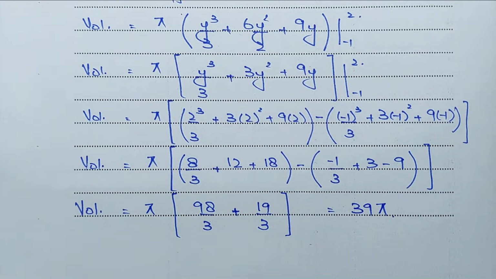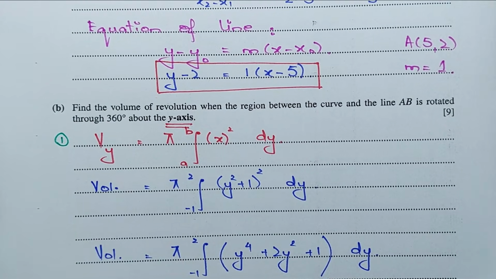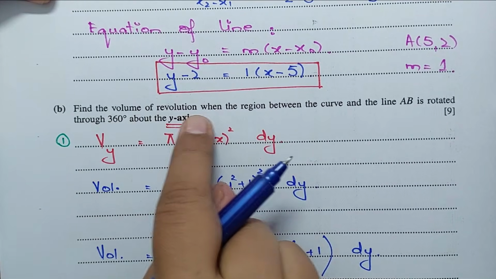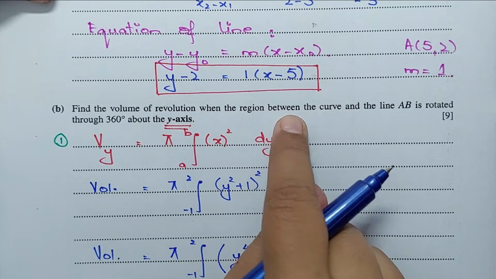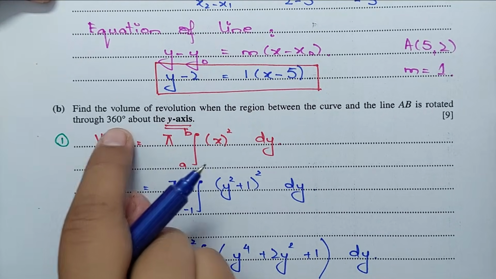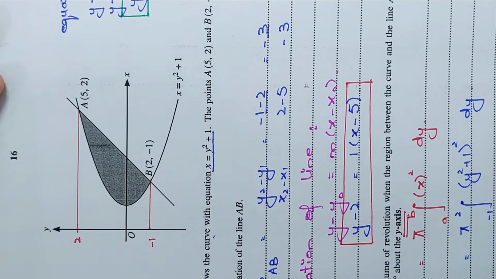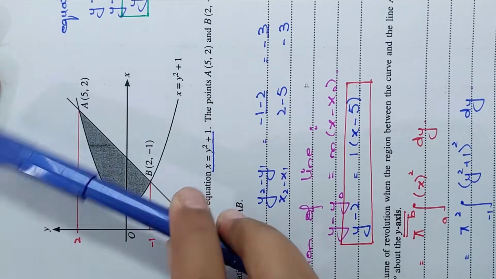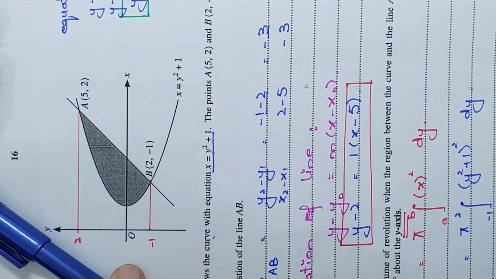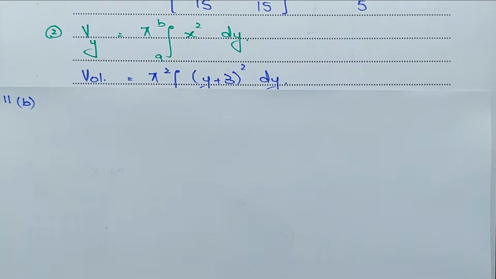Now, how do we find the volume of revolution when the region between the curve and the line AB is rotated through 360 degrees about the y-axis? The region between the line and the curve is basically the shaded volume. So the volume under the line minus the volume under the curve gives that volume.